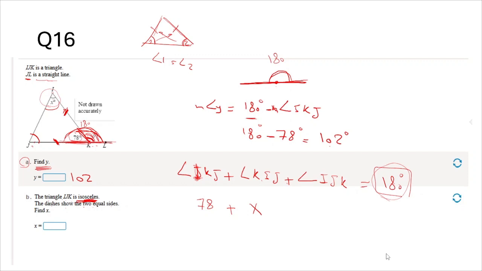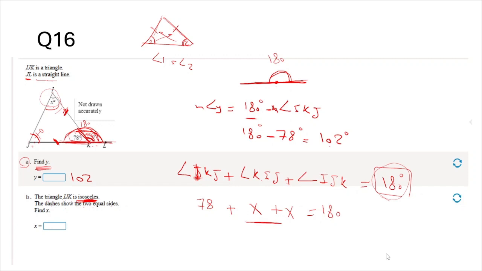They are equal, so it's plus x also, because we mentioned that this angle will be equal to this angle. This will equal 180.